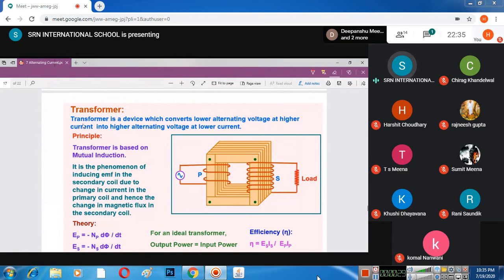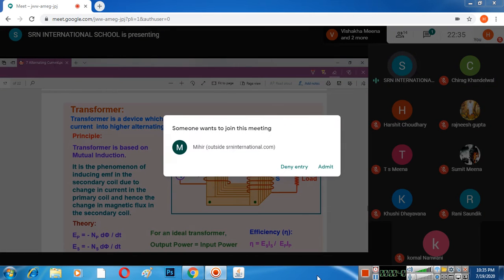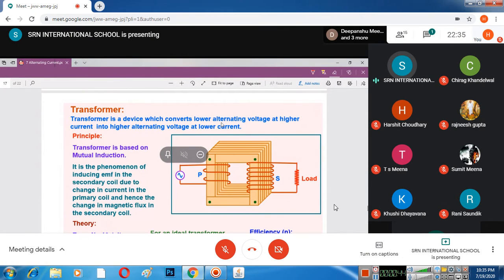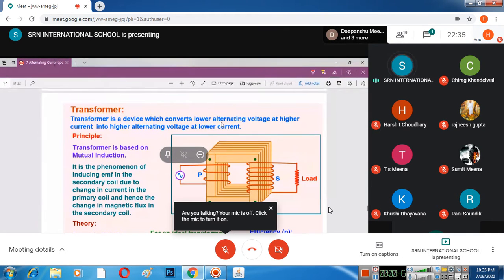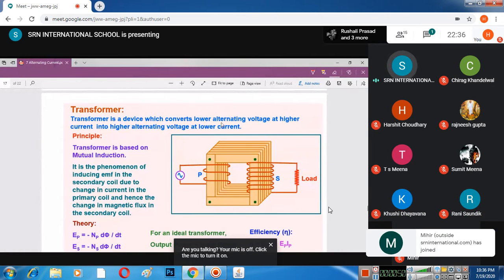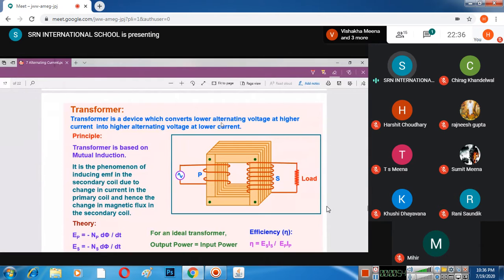Okay, now see, the topic is transformer. As you can see on your screen, the definition is written: a transformer is an electrical device which is used to transform the electrical current at low voltage into an electrical current which is at high voltage, or vice versa. That means it is used to transform the potential from low potential to high potential, or high potential to low potential.